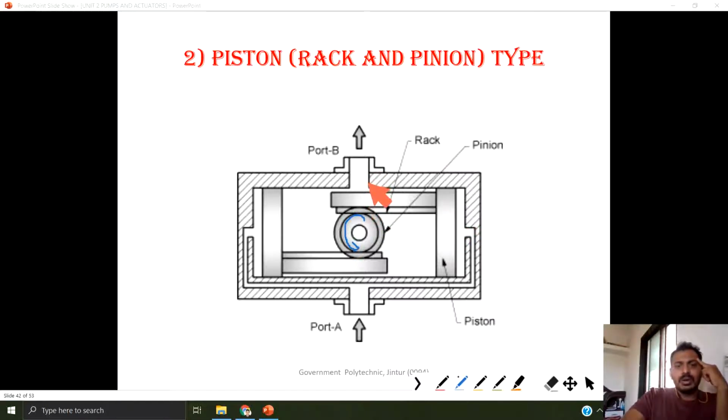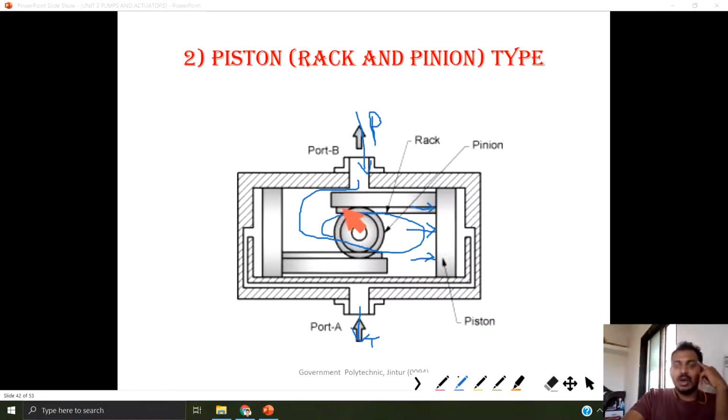Now if we consider the opposite case, if I am supplying the fluid from the B port, then the A port is connected to the tank. When the B port is connected to the pump, the A port is connected to the tank. So fluid is available here now, and this available fluid is pushing the pistons in an outward direction.